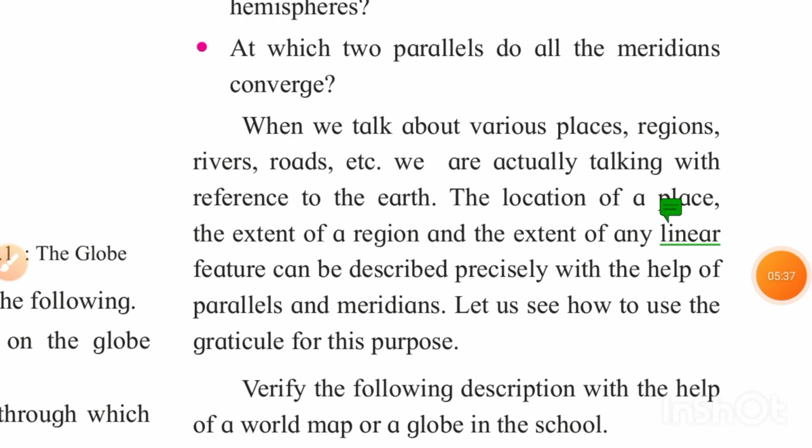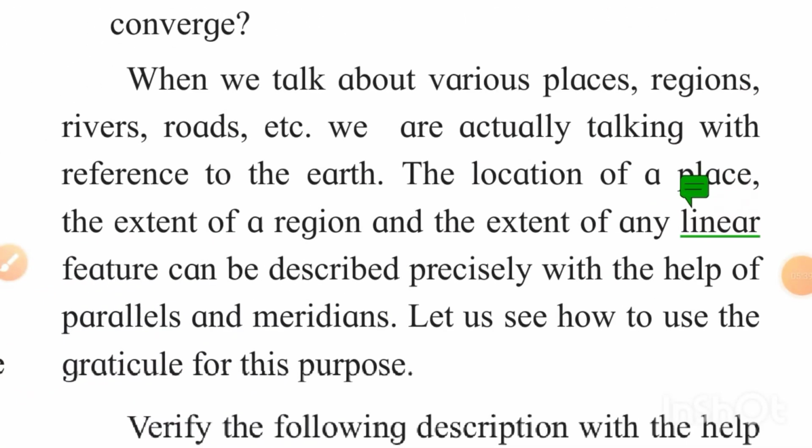Okay, let's read. When we talk about various places, regions, rivers, roads, etc., we are actually talking with reference to the earth. The location of a place, the extent of a region, and the extent of any linear feature can be described precisely with the help of parallels and meridians.